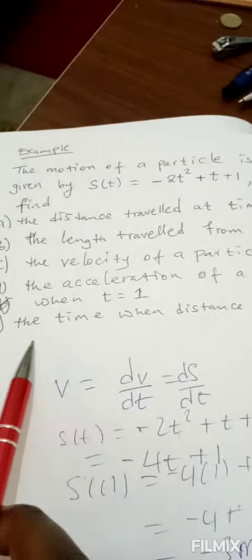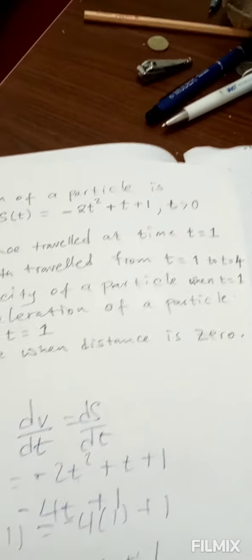Then, find the time traveled when the distance is equal to 0. So s of t is equal to minus 2t squared plus t plus 1.